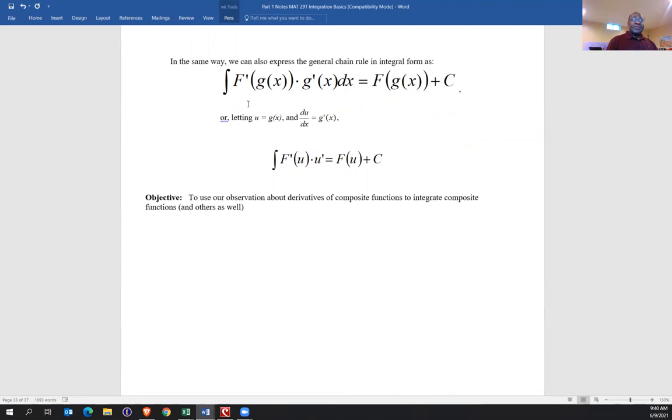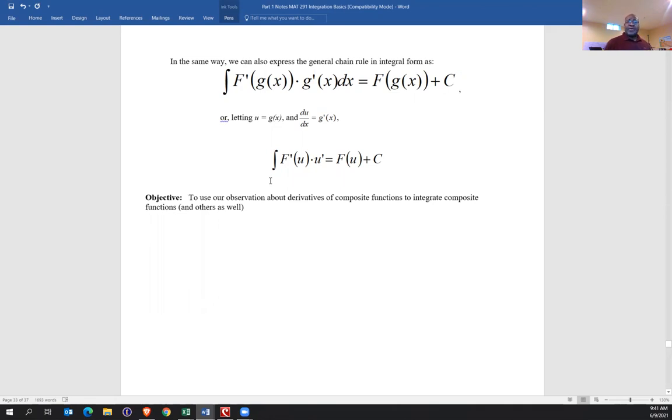When we differentiate a composite function, the derivative ends up also being a composite function multiplied by the derivative of the inner function. And we saw that in both cases. So in the general integral form, if we take that in reverse, we have the integral of a composite function multiplied by the derivative of the inner function, and that being equal to a composite function plus the constant.